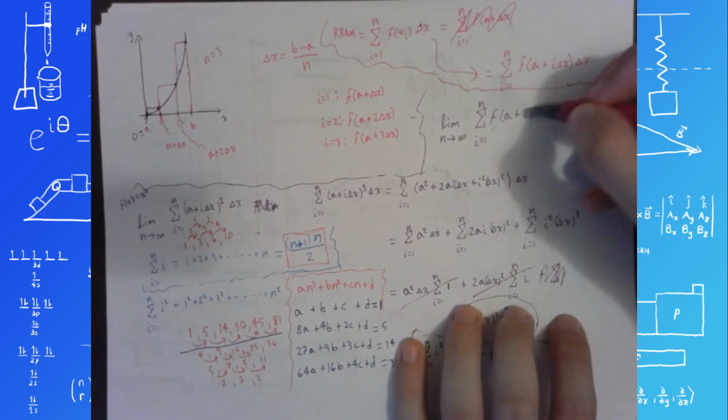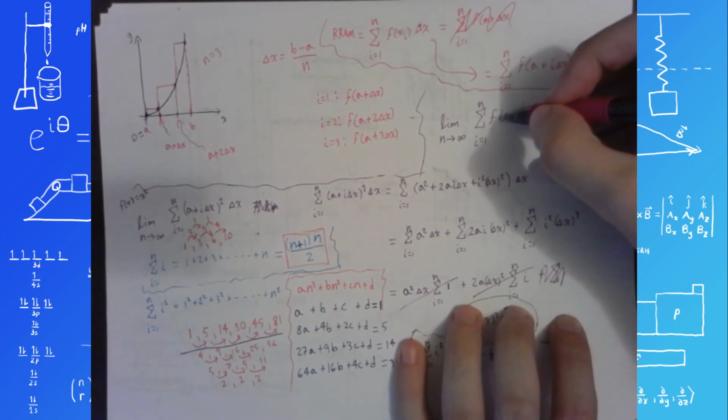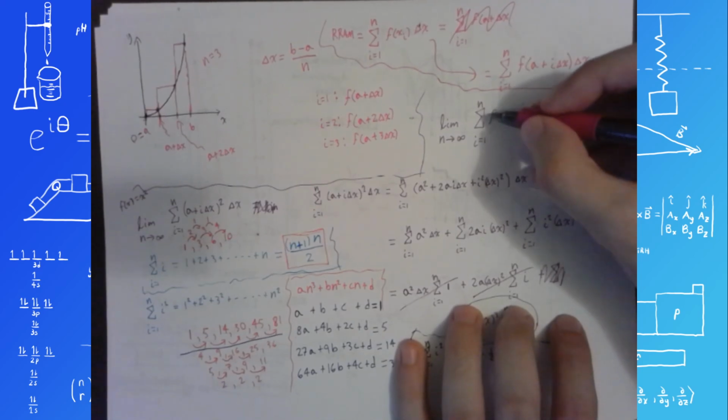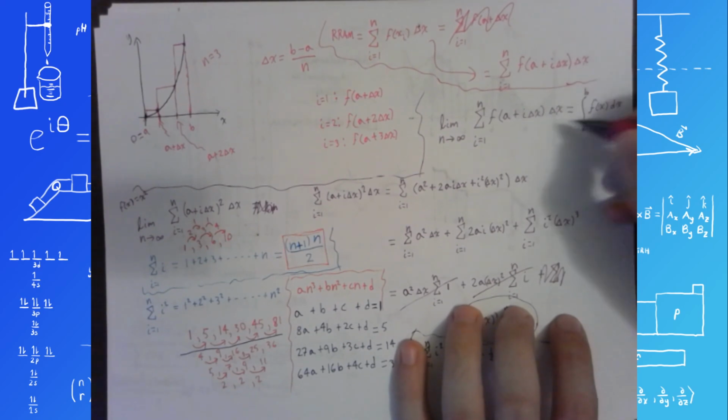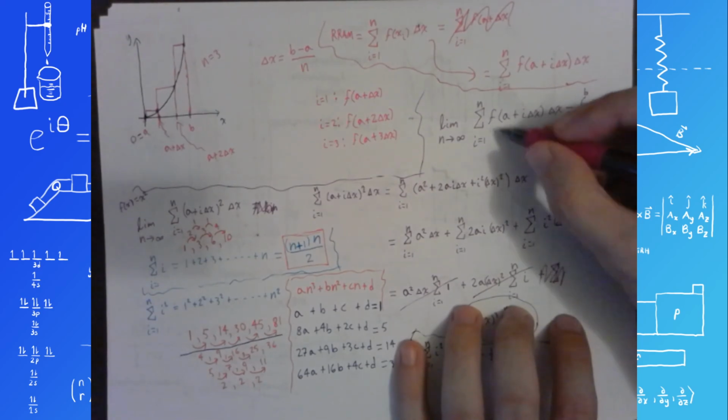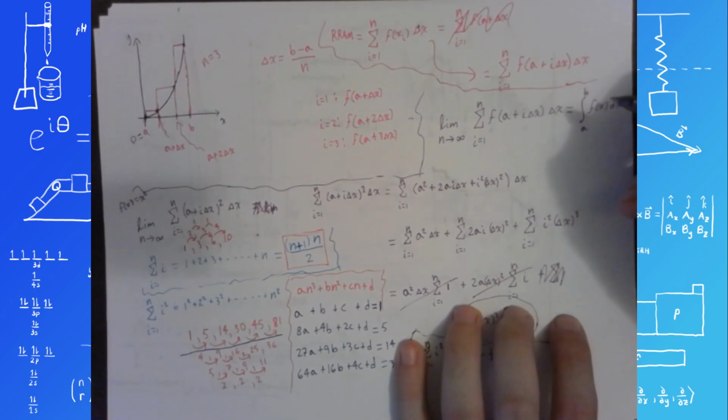Your sum basically takes, if you're calculating a sum where you've got a function times some sort of delta, your delta eventually turns into this differential, and the function that you're summing just becomes the integrand.